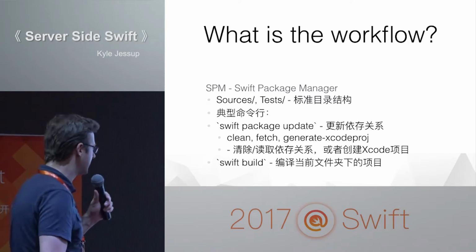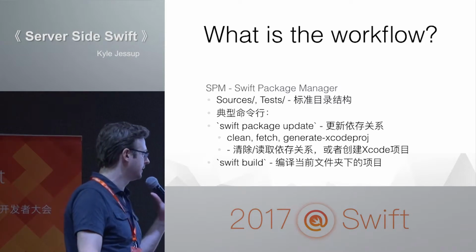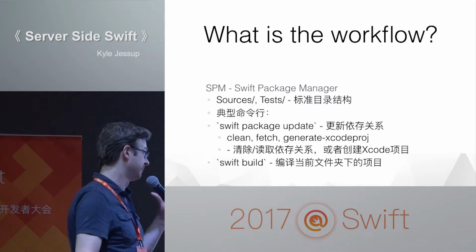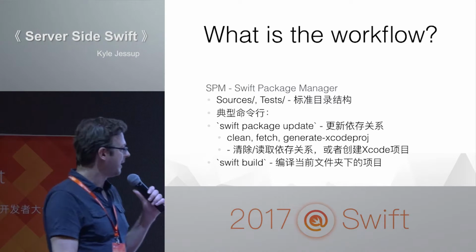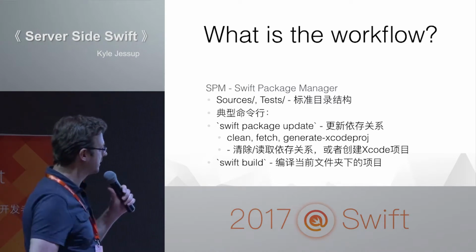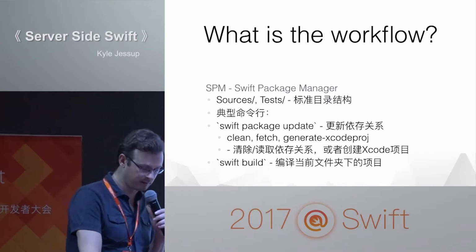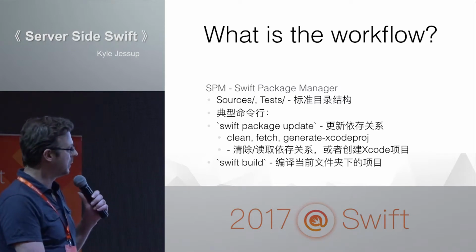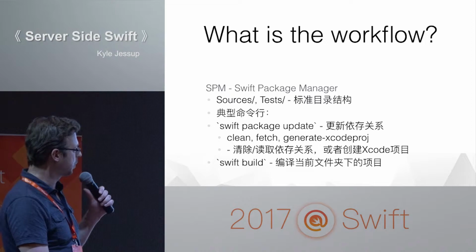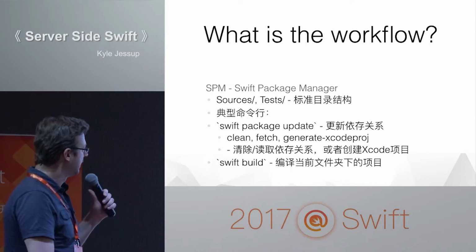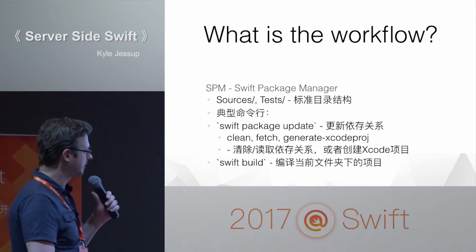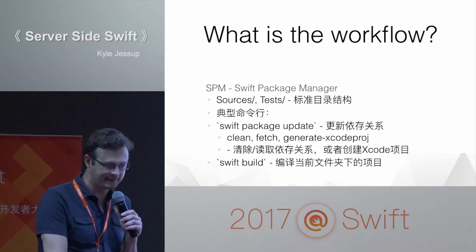Of course, a clean. Sometimes you always want to do a nice clean, especially if you're seeing weird issues. And the other one here is the generate Xcode project, which does exactly what you would think it would do. It'll squirt out a new Xcode project for your Swift Package Manager project. It'll have all the dependencies in there.